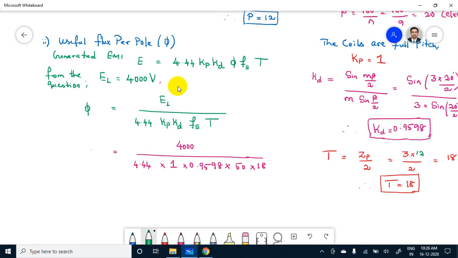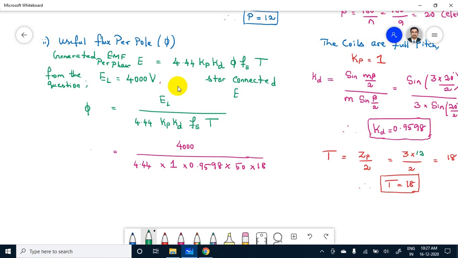That is E. E stands for voltage, or otherwise you can mention EMF also, both are same.